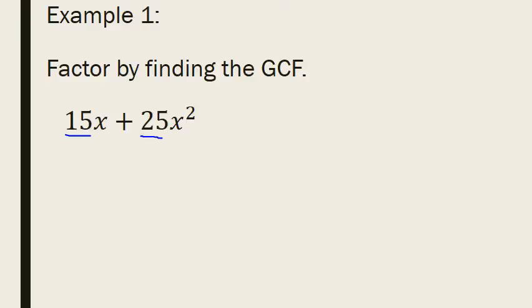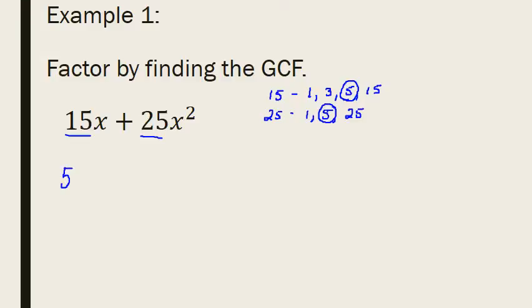So the factors of 15, remember, are 1, 3, 5, and 15. The factors of 25 are 1, 5, and 25. So the largest number that they have in common is 5. Okay, so we would write that down.